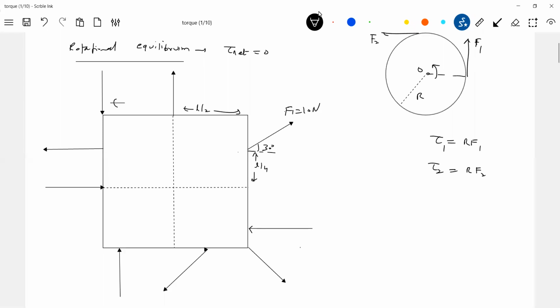This is a square plate of length L by 2. This is F1. Let me come in order. 6 Newton, at L by 6.